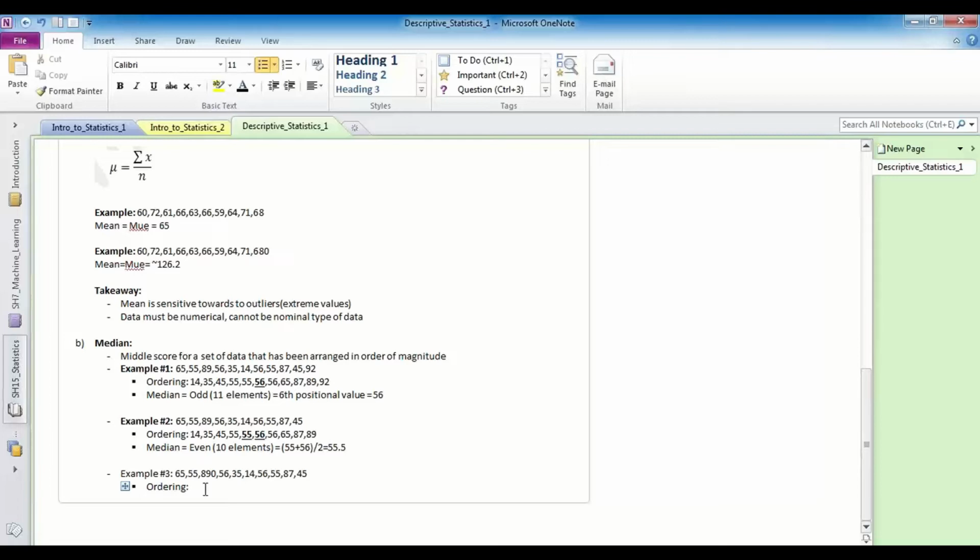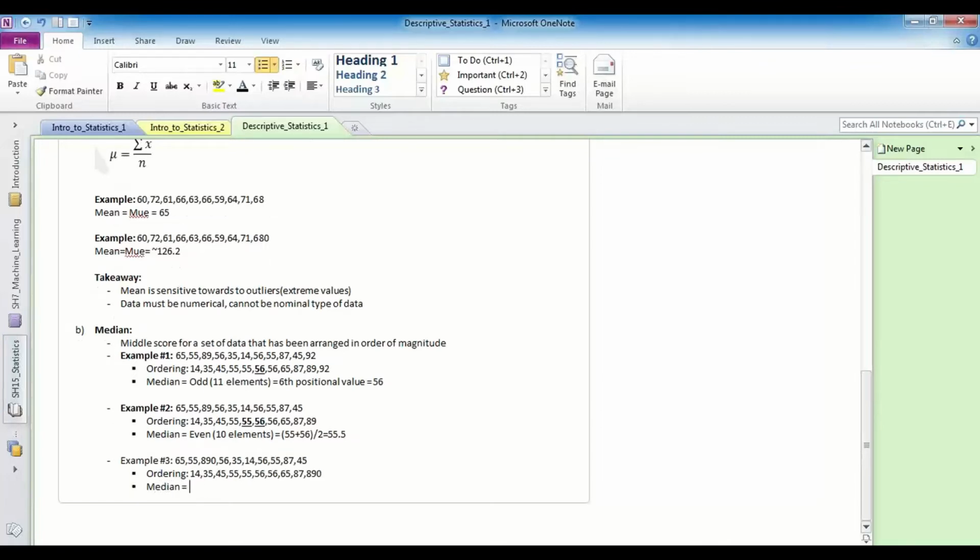Guys, are you able to observe this? When I'm working with the mean, the moment my data has some extreme value behavior, immediately the mean is getting impacted. But when it comes to the median, even if it has some extreme value behavior, is my median getting impacted by this? Is it going to change? The total number of elements is still even, the same number of elements.